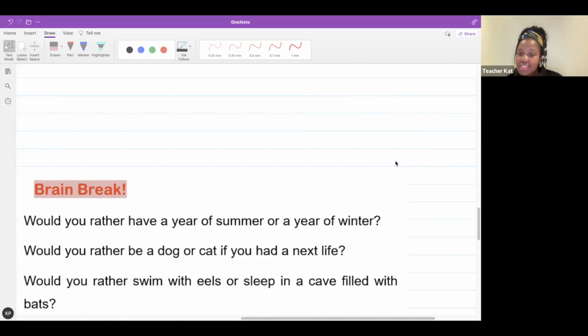Eels are hungry and some are electric. This is true. I was like, maybe I'll be Batman. Yeah, but guys, I'm afraid of bats, so I don't know. This one's too difficult for me.